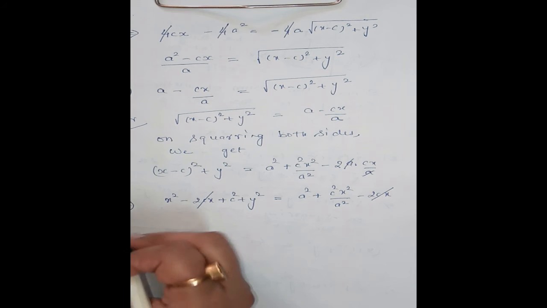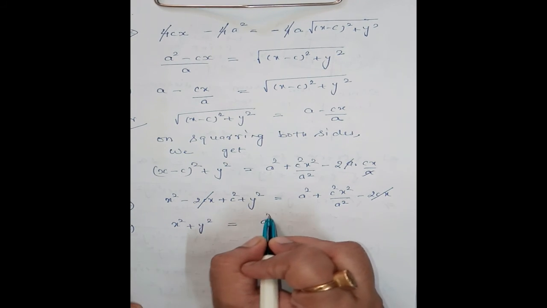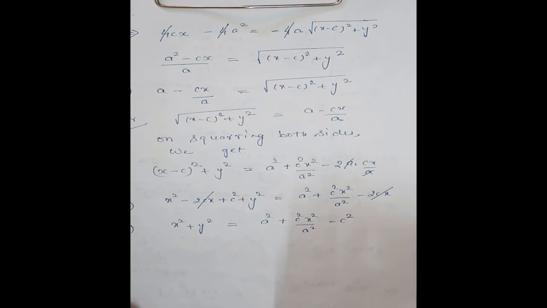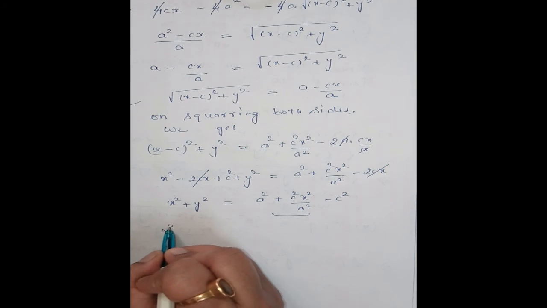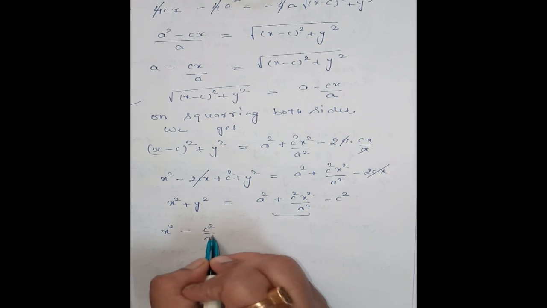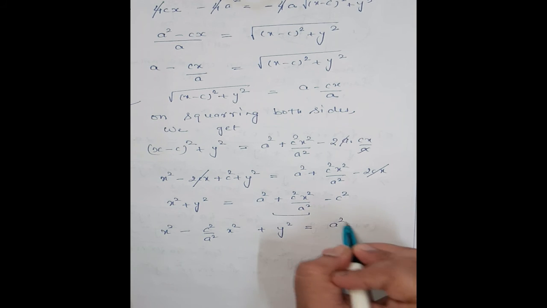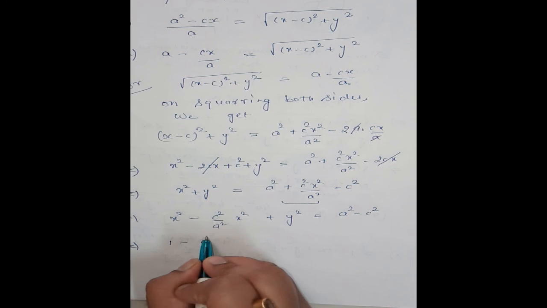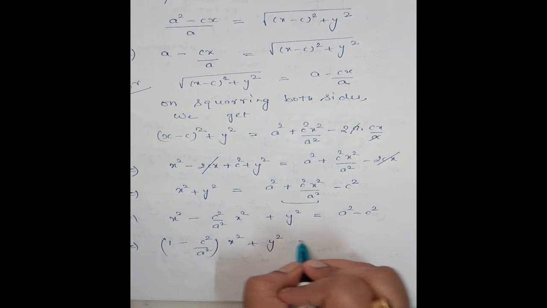Now this is x square plus y square is equal to a square plus c square x square by a square minus c square. Now taking this to the left hand side, x square minus c square by a square x square plus y square is equal to a square minus c square. Now this is (1 minus c square by a square) x square plus y square is equal to a square minus c square.